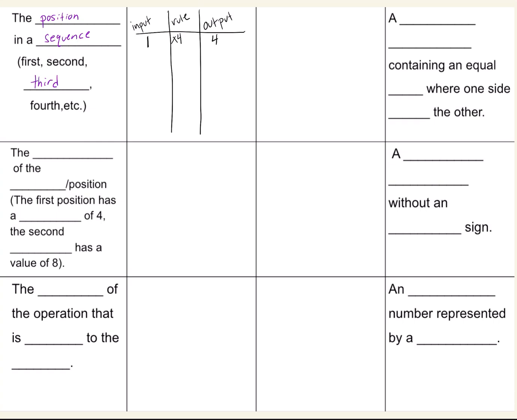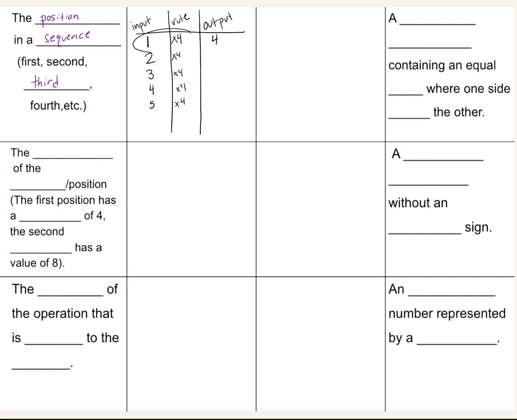Our input usually goes in sequential order: 1, 2, 3, 4, 5, and so on. The rule stays the same for each one, and the output is what changes once you apply the rule.